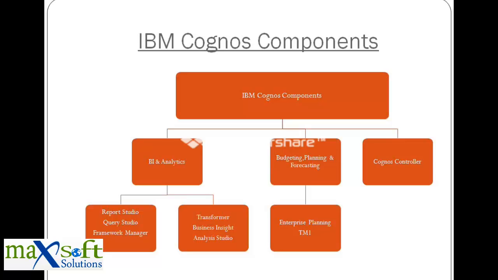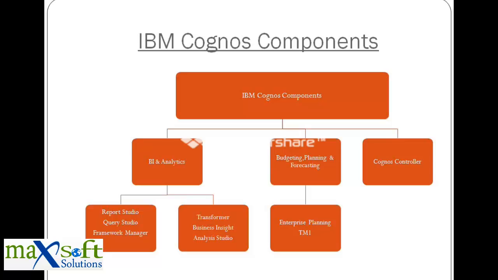There's one more IBM tool, which is not much in demand right now, the Cognos Controller. It is a tool used for consolidation purposes. When you have a company with different subsidiaries and you want to do all the consolidation for all the subsidiaries and prepare a master financial statement, you use the Cognos Controller.